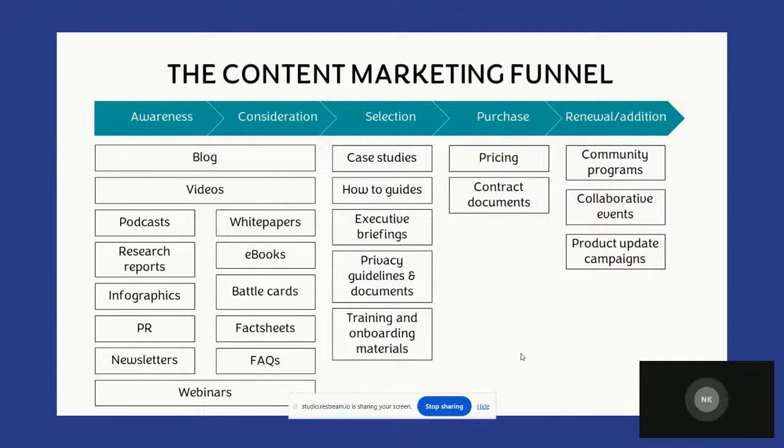The idea of representing it this way is that you need to make sure you create content for all the stages of the buyer journey. You need to have enough at the top of the funnel to build awareness for your business. At the same time, you also need content types that support your goals at the bottom of the funnel.